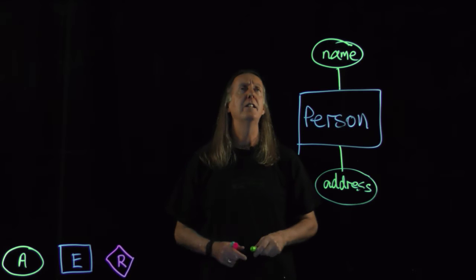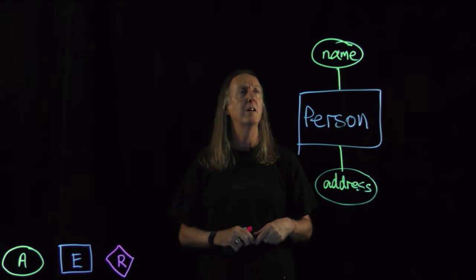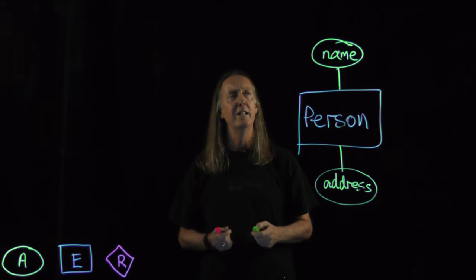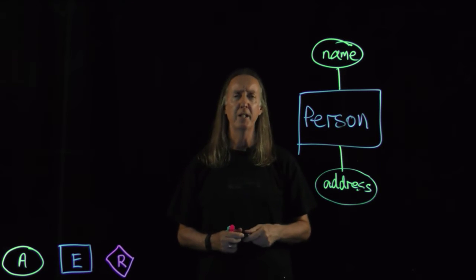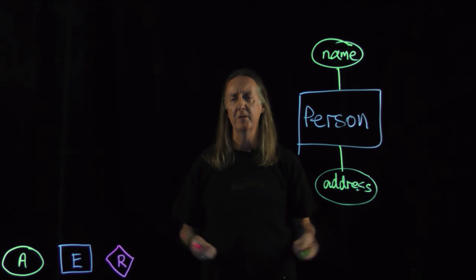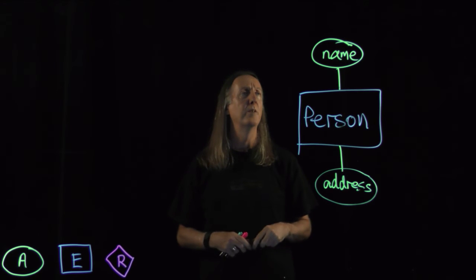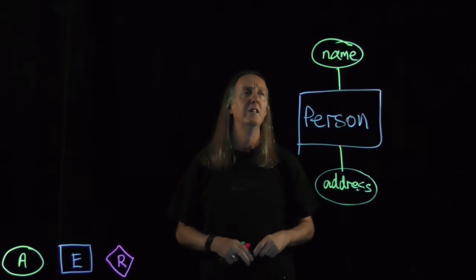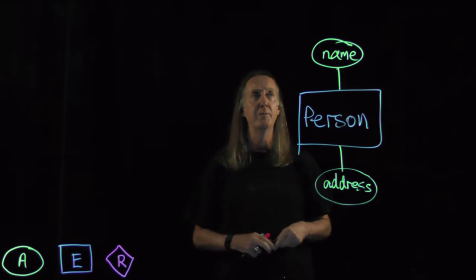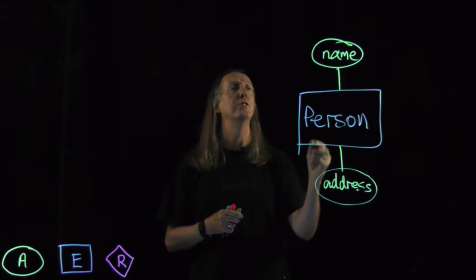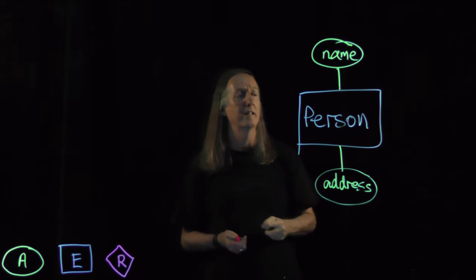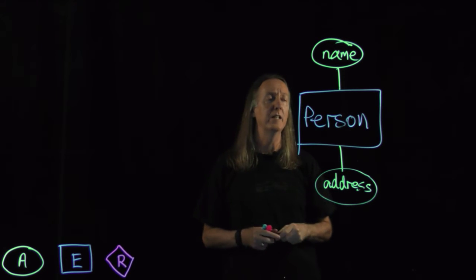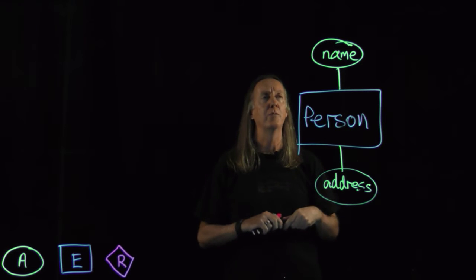But in the requirements it said we might be interested in separating out the given name and the family name. That's quite a common thing to do because you might want to get a list of people sorted by their family name, and of course if you simply do their name as a string it's going to sort by their first name. So in ER modeling notation that would be a composite attribute.